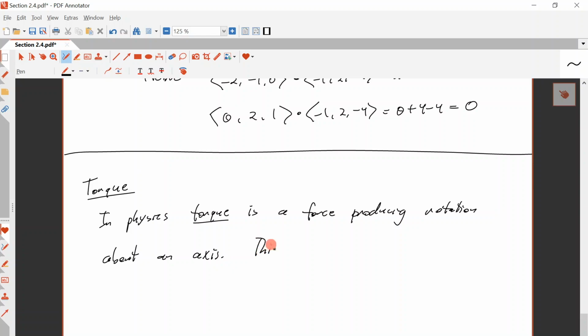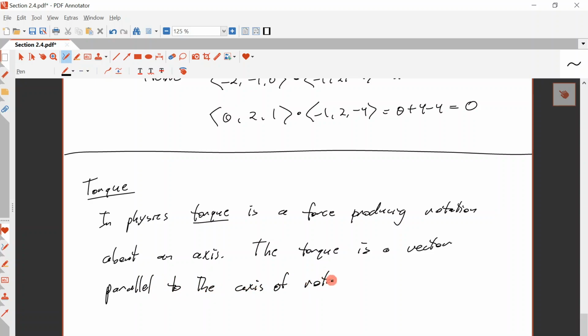And this rotational force, the torque, is a vector parallel to the axis of rotation in 3 dimensions.